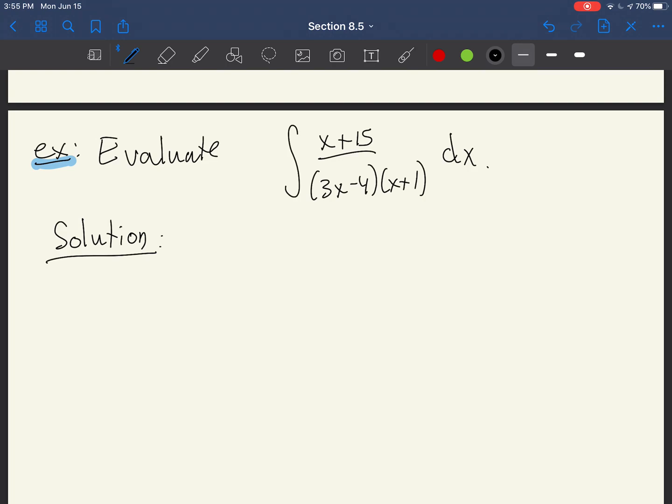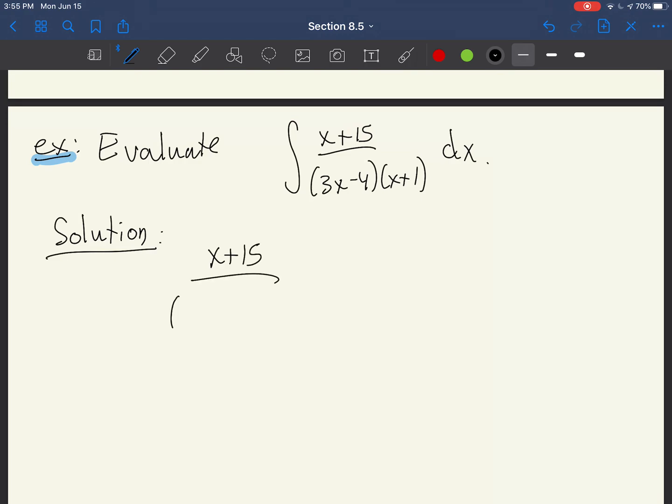So why don't you pause the video and try doing the partial fraction decomposition for this expression. And if you're feeling up to it, go ahead and integrate the result. And then unpause to see if you did it correctly.